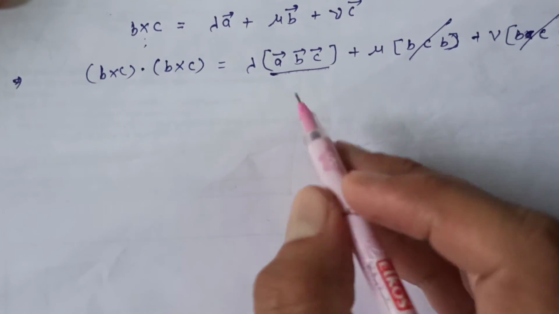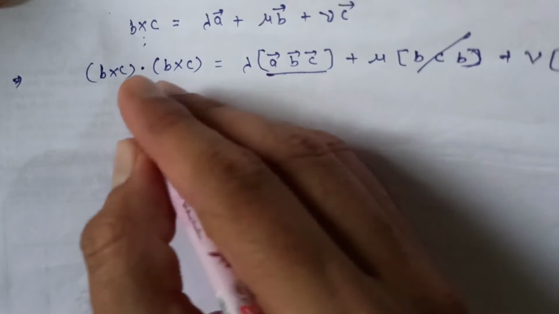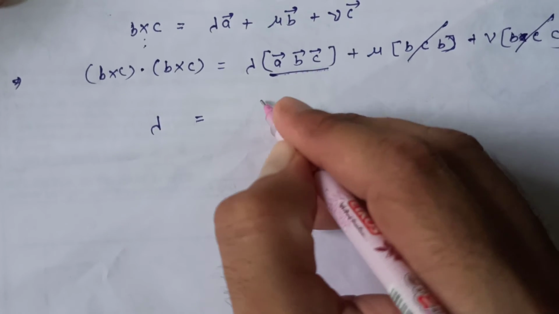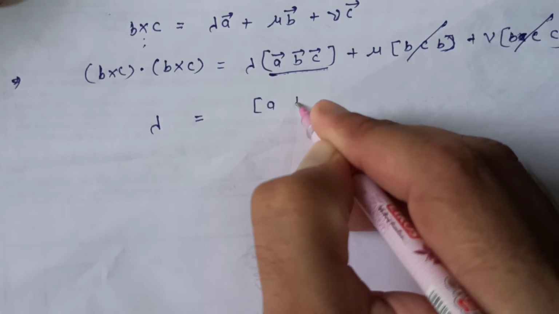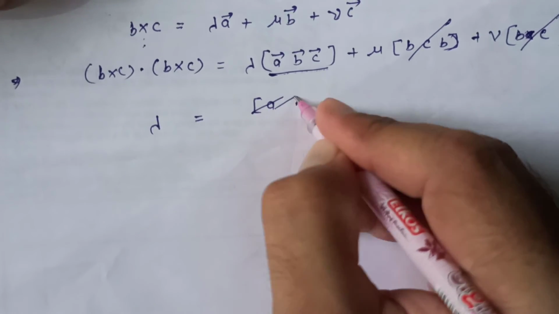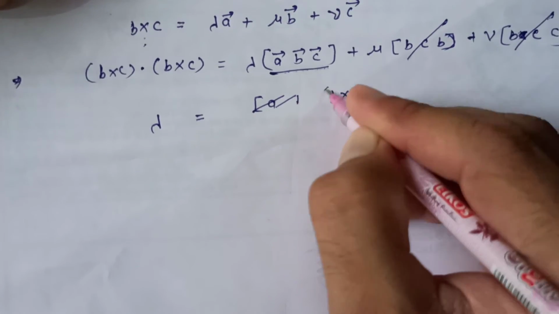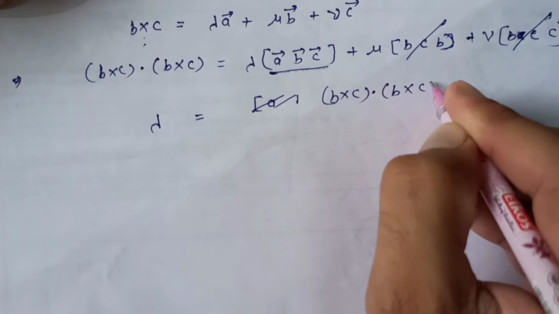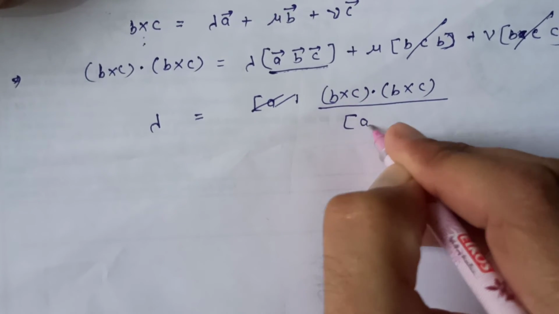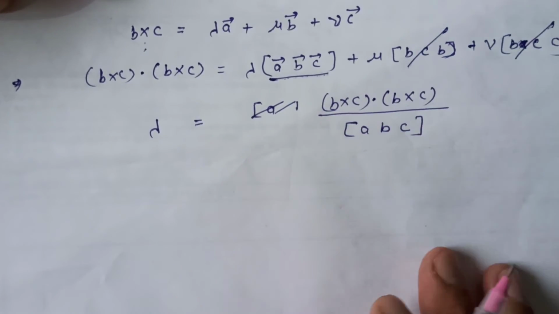This is a scalar quantity, so we can divide both sides by this scalar quantity. So lambda will be equal to B cross C dot B cross C divided by scalar triple product of A, B, C.